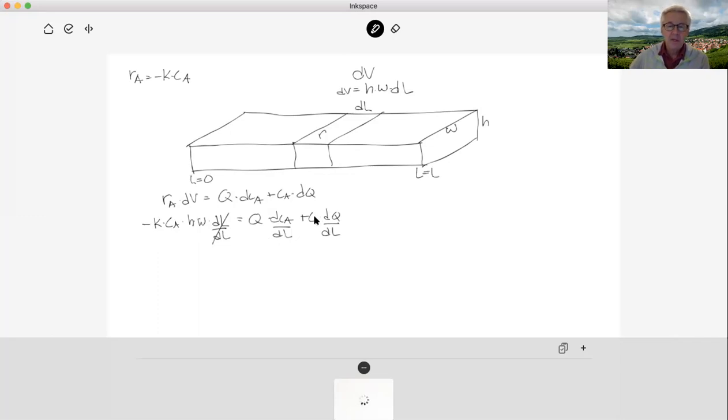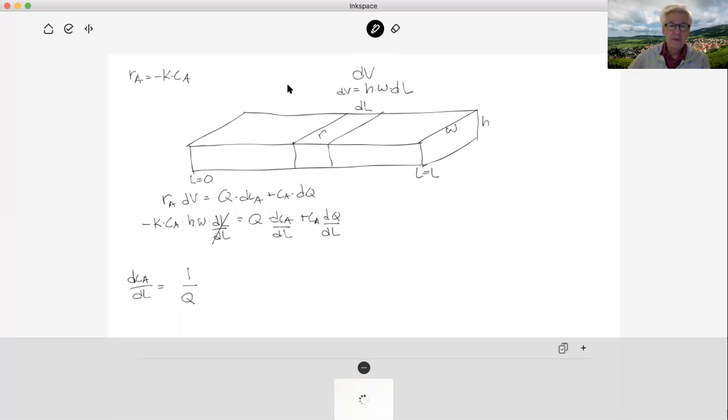And we have one term here that is the concentration, and we have one here that depends on the concentration. So I will just solve for dC_A/dL equals, and then you see there's a Q in front, and I will do like this. Then we see that we have two terms with C_A, here and there.